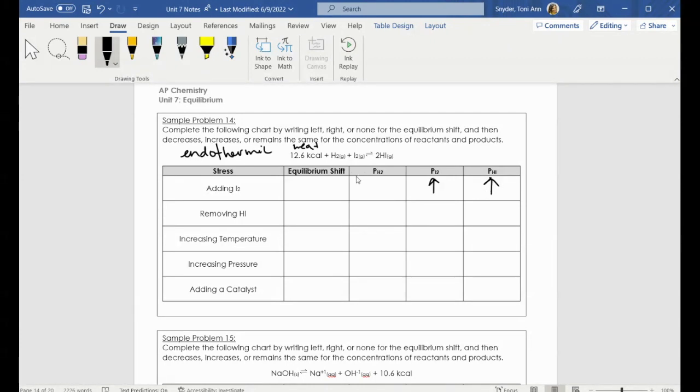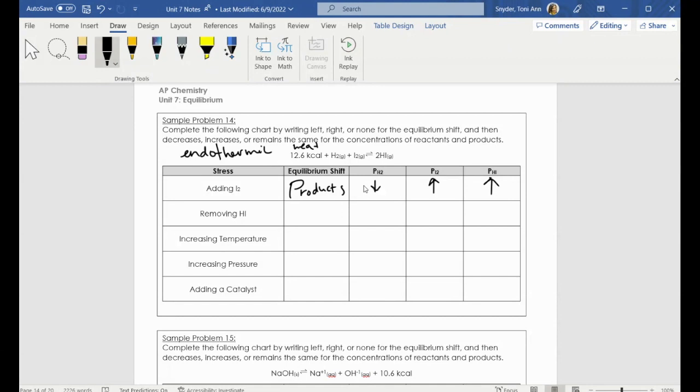However, if I'm given more iodine, more hydrogen is going to react with that, so the partial pressure of hydrogen is going to decrease. Therefore, if I have more iodine, the reaction shifts toward the products.